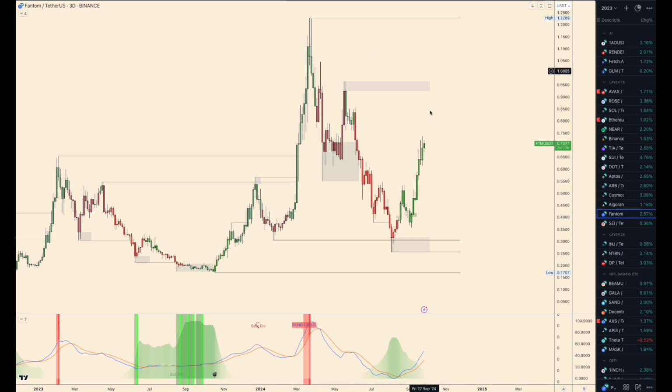A larger pullback is all relative, but if you just use an example, you get a channel like this most of the time, and then you get a sell-off, a pullback, something like this. And then once you get that reclaim, then it's game over, and you start continuing. That's a bull flag, and it goes higher.